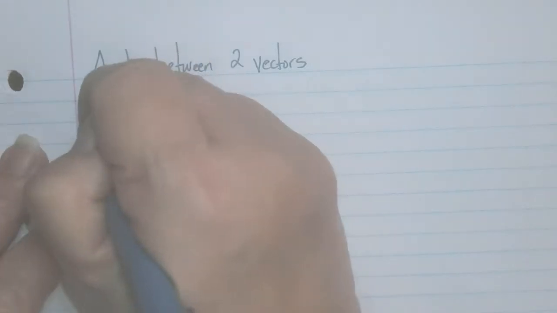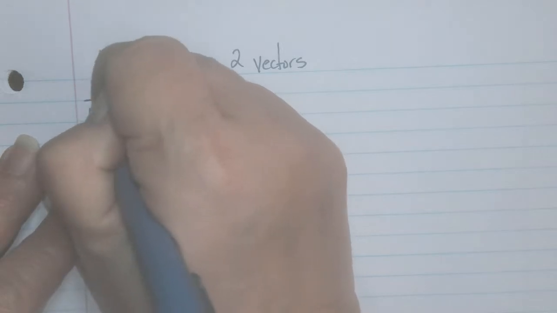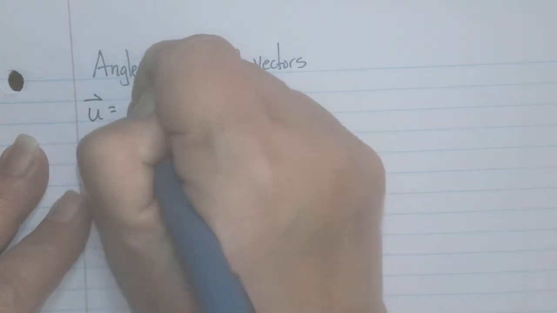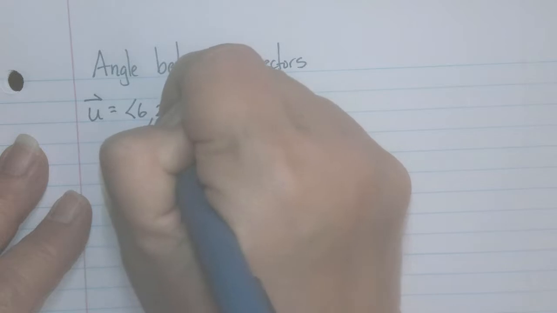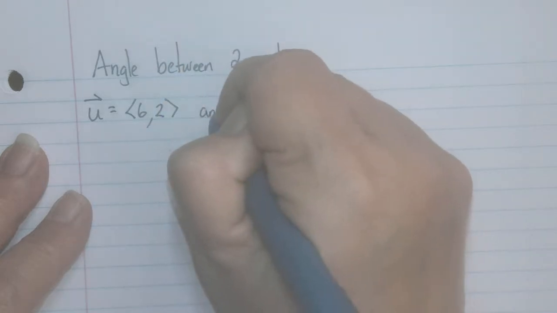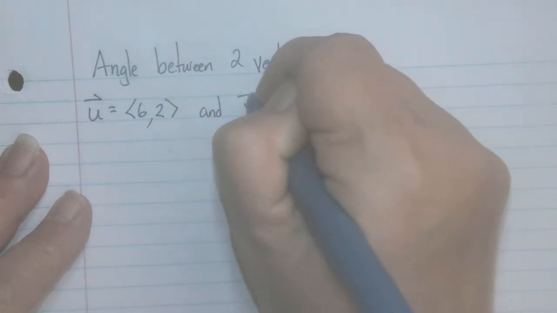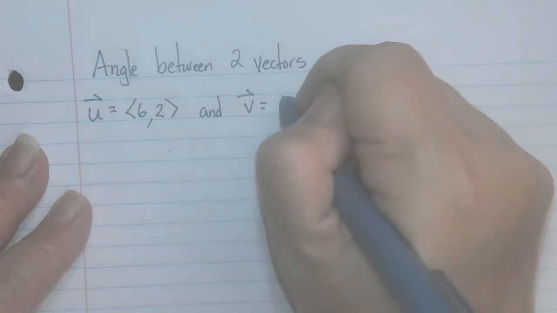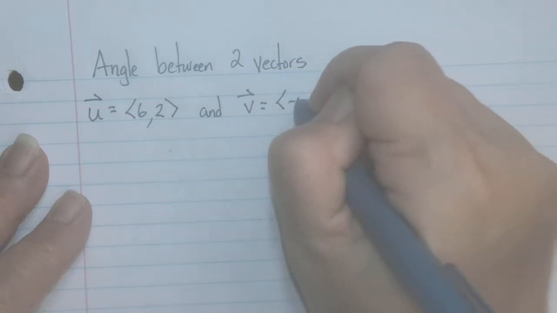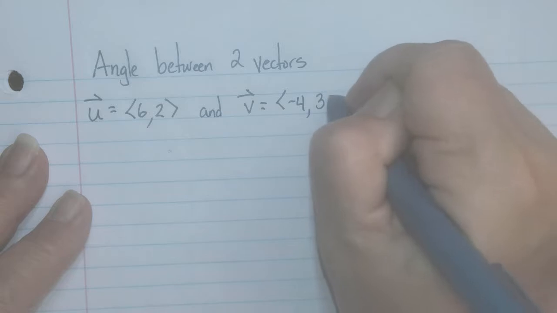Alright, so let's start with vector u being equal to 6, 2, and vector v being equal to negative 4, 3.